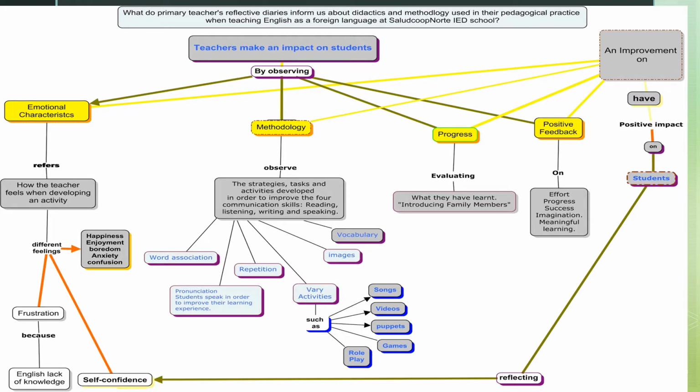All these processes improve these 4 categories: emotional characteristics, methodology, progress, and positive feedback, to make a positive impact on the students, and it can be reflected in students' self-confidence because they could speak better, try better, and listen better.